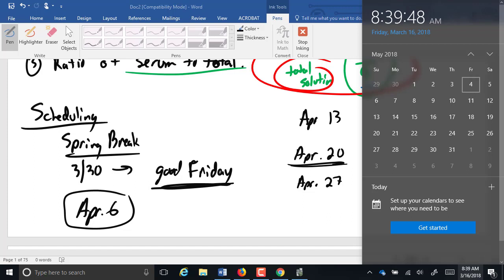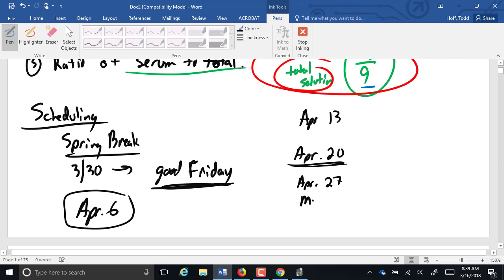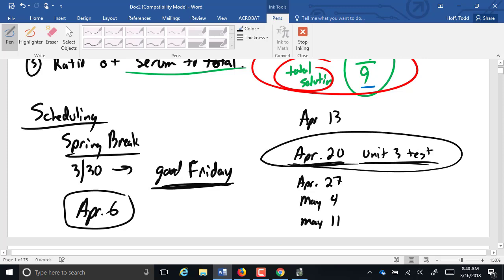Oh, that was Unit 2 that we just did. May 4th and 11th. April 27th will be Unit 3 test. Or sorry, April 20th. Sorry, April 20th is Unit 3 test. Yes. So we will do the Unit 3 test on April 20th.